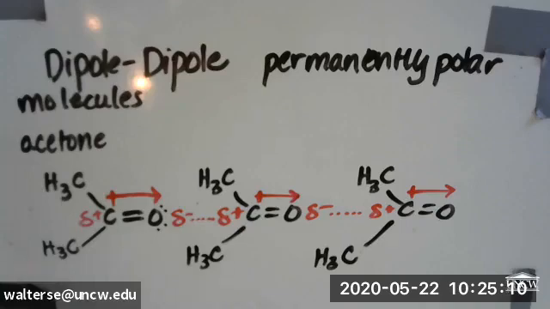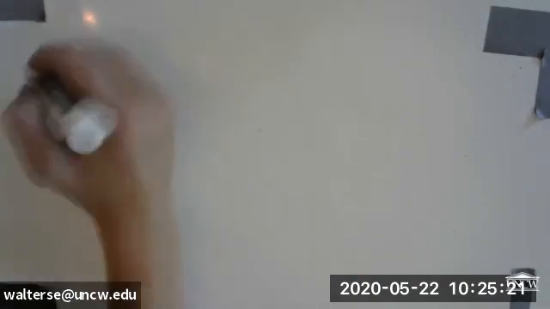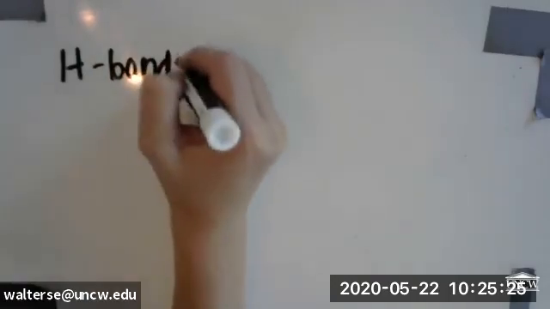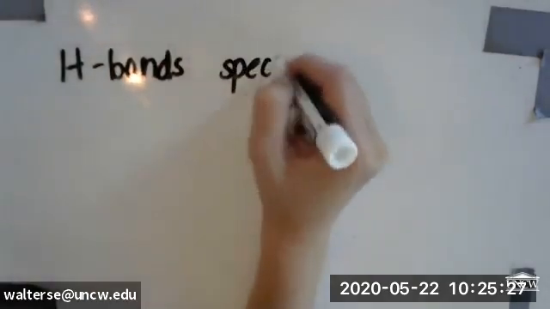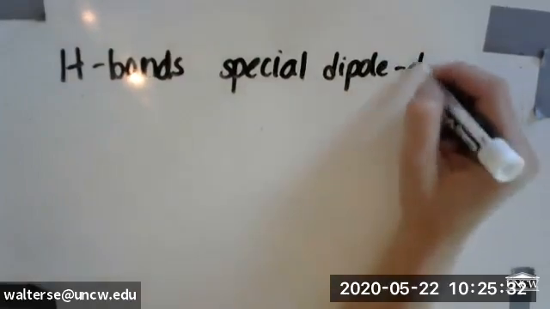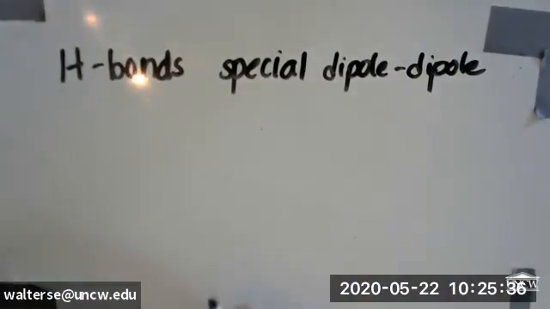Okay, the last one is the hydrogen bond. Hydrogen bonds are a special kind of dipole-dipole attraction. And they require a few structural components.